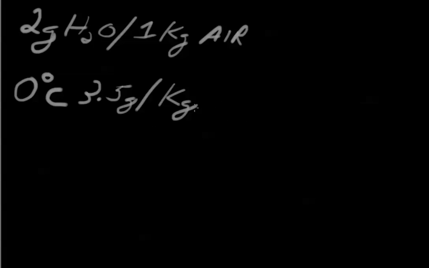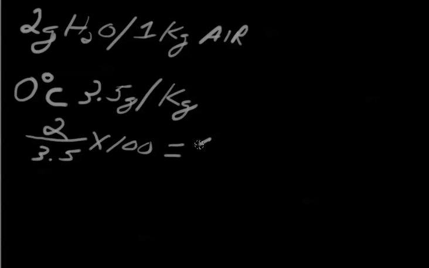So we can do the ratio here real quick. We got 2 over 3.5, and if it's a ratio, it's in percent, multiply by 100, and that's going to equal about 57%. So at 0 degrees Celsius, with this much water vapor in the air, the relative humidity would be 57%.